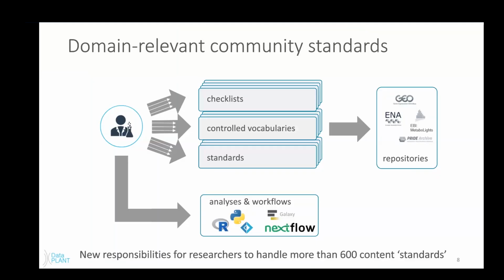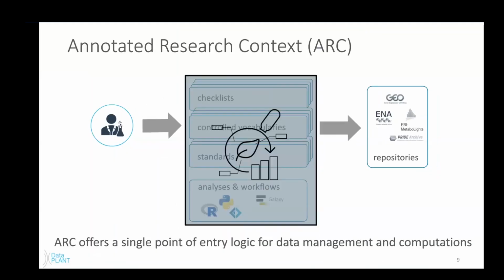On top of all this, once we get to the point of finally uploading data to the public and to the world, you have different requirements outlined by various repositories. Depending on if you're planning to submit to GEO or metabolites, they're going to require different things from you to describe your data. So what we're hoping to do with the ARC is to give a single entry point of logic for data management and computations.